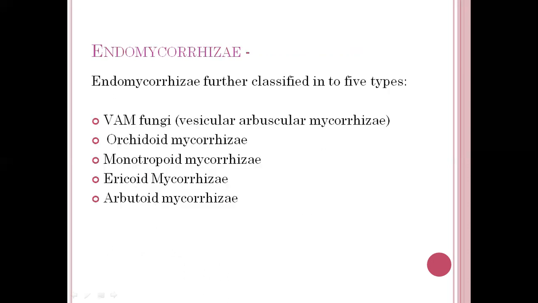Endomycorrhiza can further be classified into five types. The first is VAM fungi or the vesicular arbuscular mycorrhizae. Second is orchidoid mycorrhizae. Then you have monotropoid mycorrhizae, ericoid mycorrhizae, and arbutoid mycorrhizae.